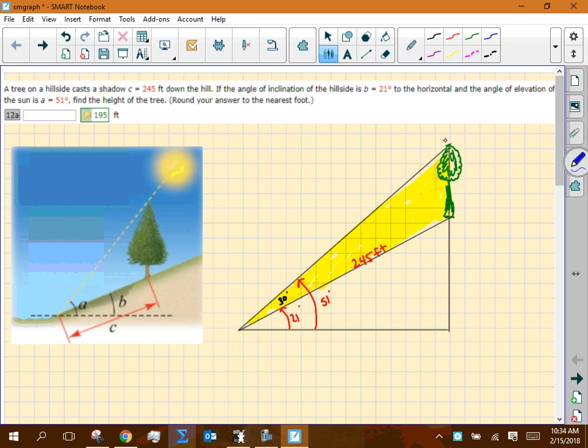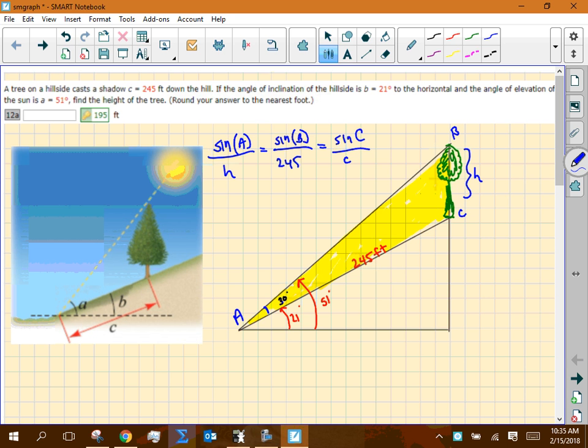To use the law of sines, if I call this yellow angle down here A, call this one up here B, and call that one there C, I would want to say that the sine of A over the distance opposite A, which is that distance right there, H, the height of the tree, that's what we're looking for, should be equal to the sine of B over 245, because 245 is the side opposite B, which is equal to the sine of C divided by this distance AB, which I'll call lowercase c.